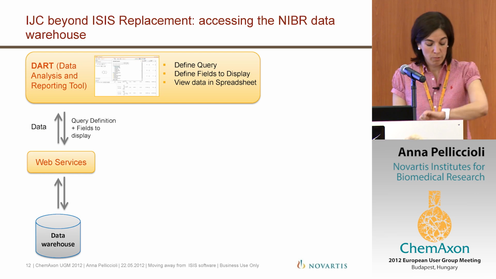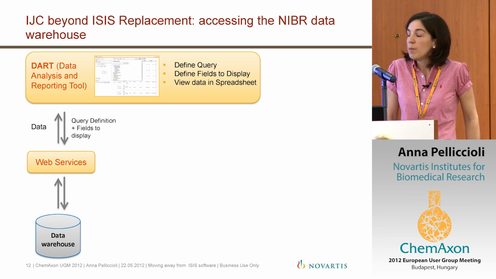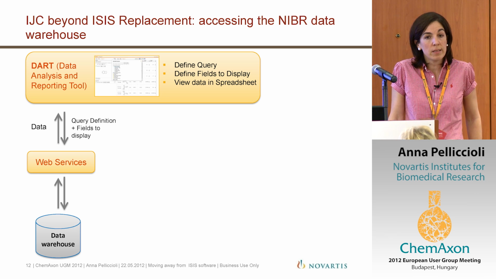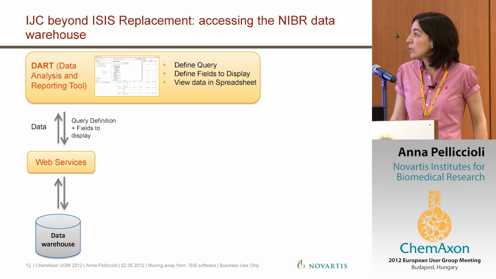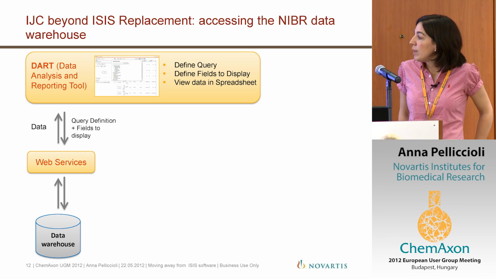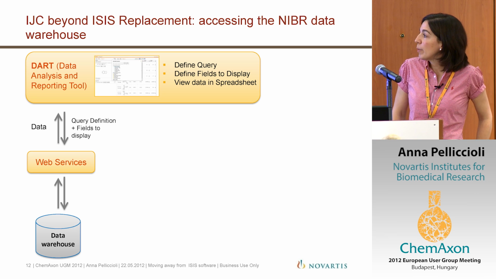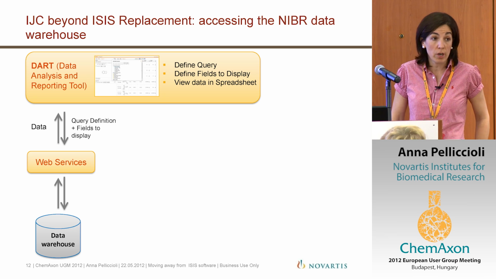Then if we have a second, I wanted to show you that besides replacing ISIS, we're also thinking of using IJC for other nice things. So one of these is accessing our data warehouse. We have a new data warehouse that we currently can query using a web application we call Dart.